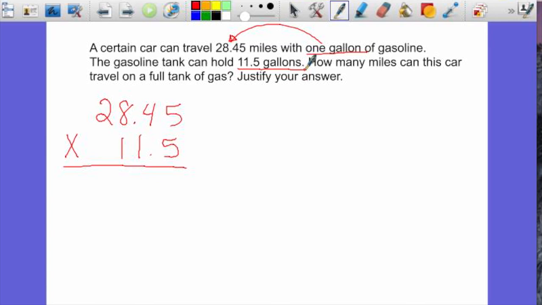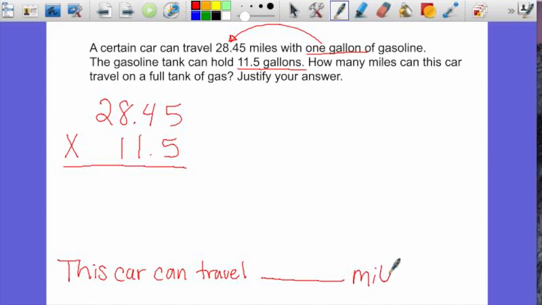So now, the problem's the same as it was in the last few slides. So go ahead on your paper and complete the problem. And don't forget, every single word problem must have a sentence at the end. So something like, this car can travel blank miles on a full tank of gas.